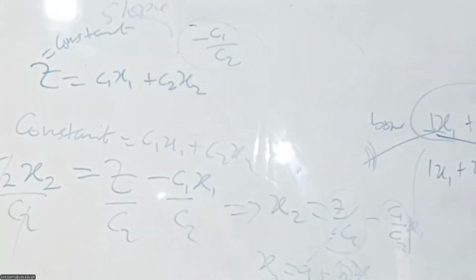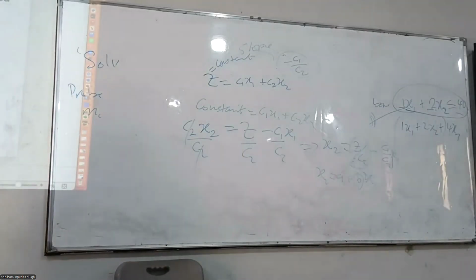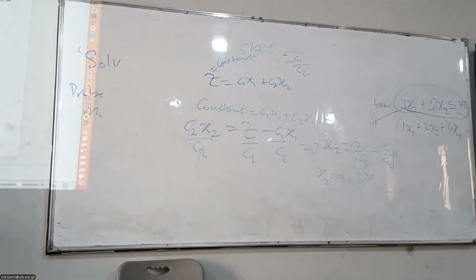And this is the rule. When you are dealing with a problem where there are two constraints, and the two constraints are binding, the sensitivity range of the parameter for the objective function must be such that the slope of the objective function will be in between the slope of the two constraints.